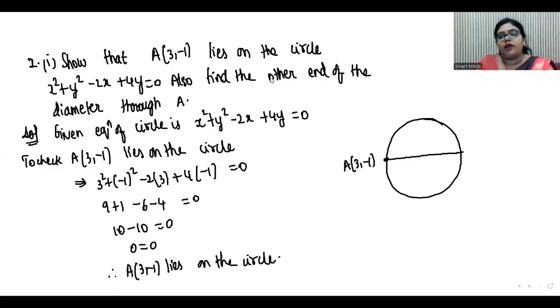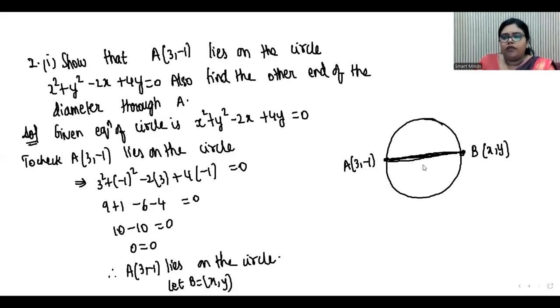Now you have to find the other end of the diameter through A. Through A means the diameter is passing through A and the other end we have to find out. Let us say B. Let B = (x, y).